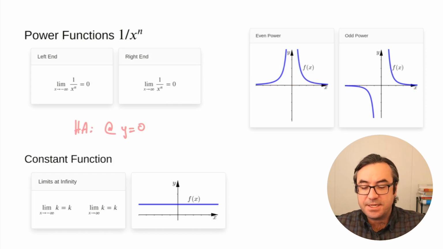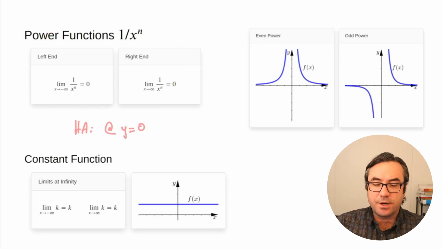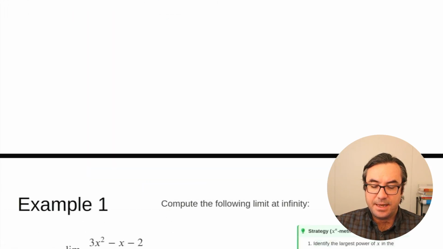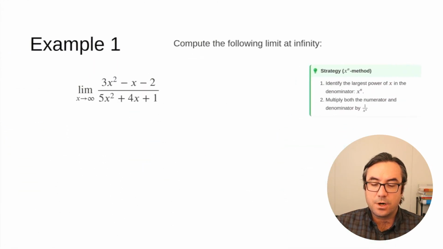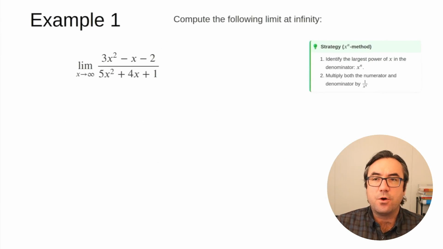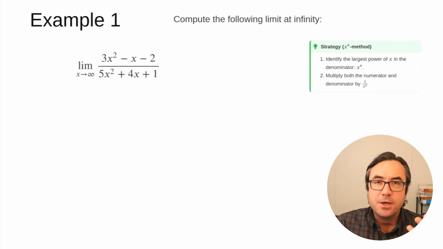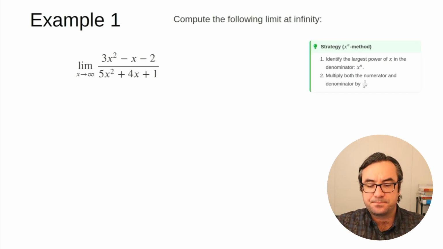So let's see how we're going to use this. We're going to jump ahead a little bit and look at an example where we use that 1 over x to the power n to calculate a limit at infinity using algebra.